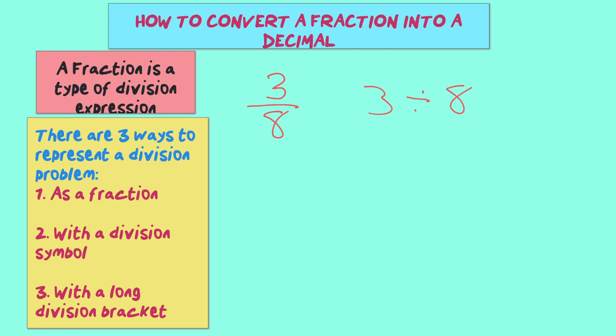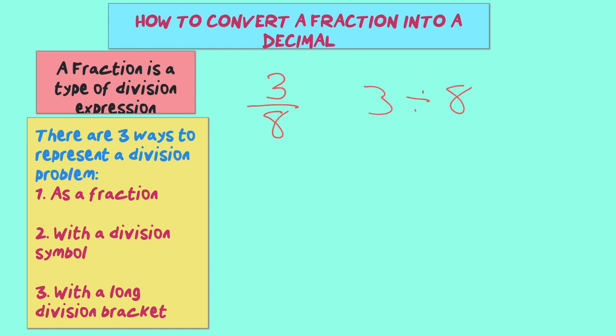Now, there are three ways you could represent a division expression. As I just showed you, you can write a fraction, 3 over 8, or 3/8. And then you can write it as 3 divided by 8, with a division symbol right here.